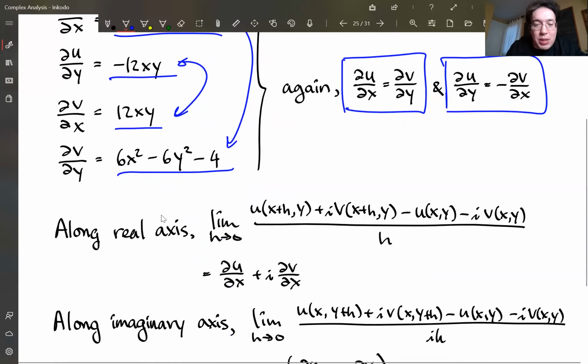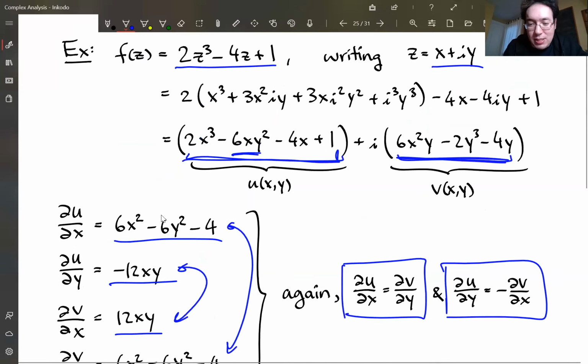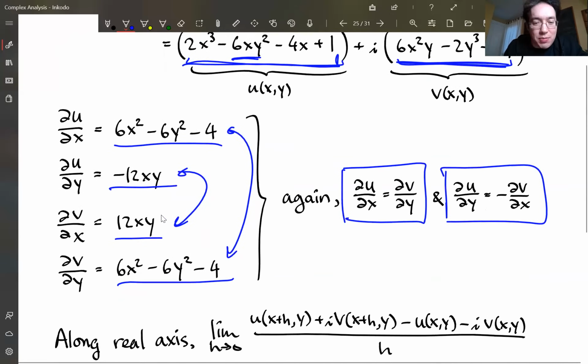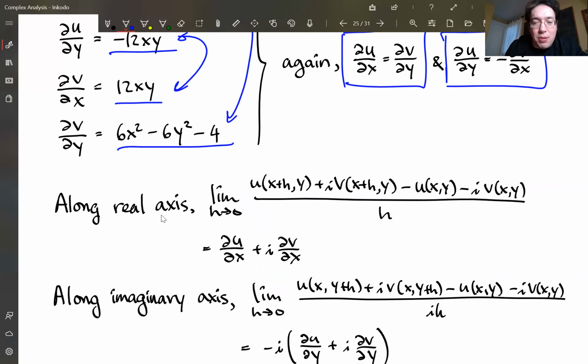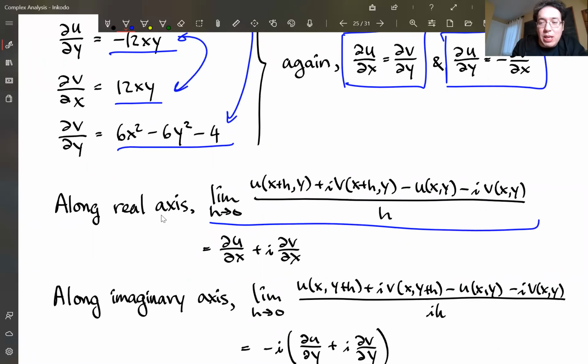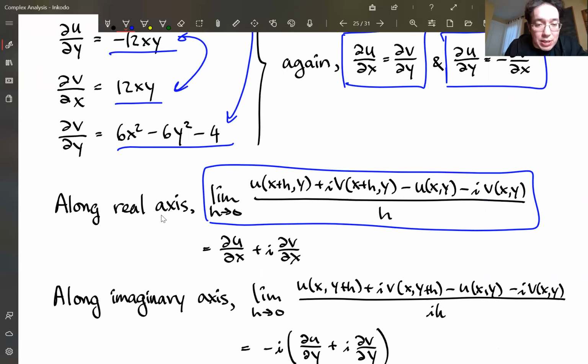Okay, let's see where this equation has to come from. So here's what we're doing. We're taking the derivative of the function along the real axis. So let's think of this h as a real number only, and let h go to 0. First, I'm going to add h to the x side, and then take the limit as h goes to 0.